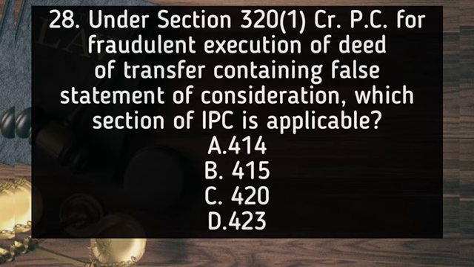Question 28 says, under Section 320 CrPC for fraudulent execution of deed of transfer containing false statement of consideration, which section of IPC is applicable? 414, 415, 420 or last 423? And the answer for this question is 423.